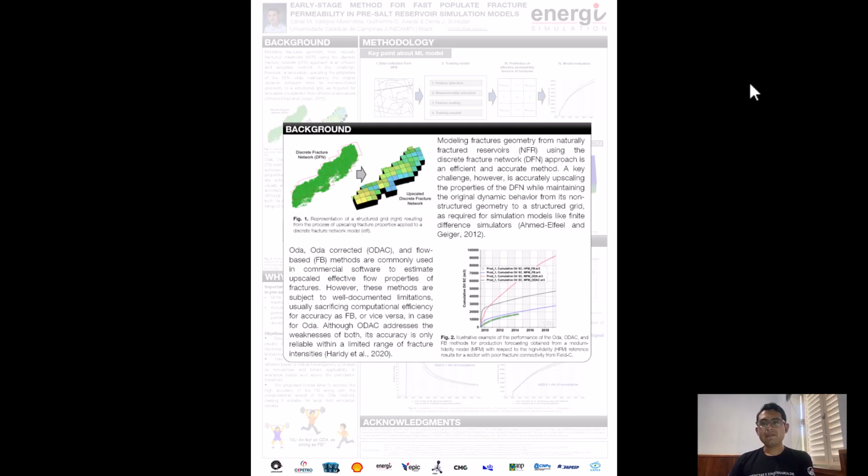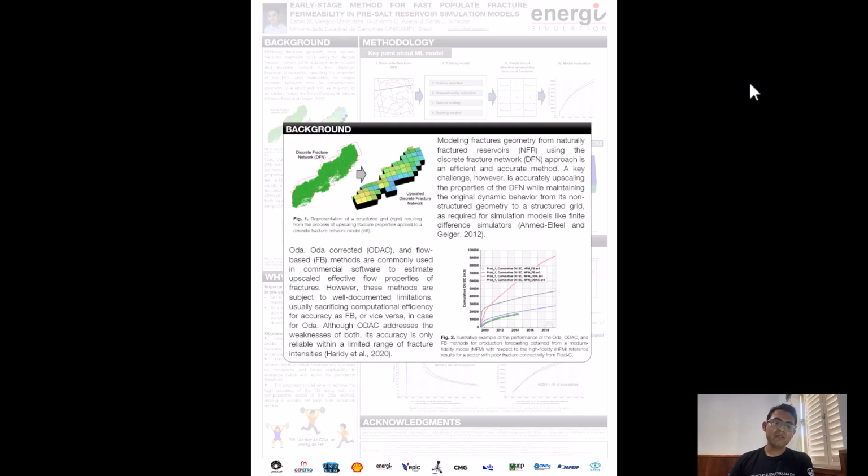To estimate upscaled effective flow properties of fractures, the most common methods used in commercial software are ODA, ODA corrected, and flow-based. The first one, the flow-based upscaling, is generally the most accurate, but it's also computationally expensive.